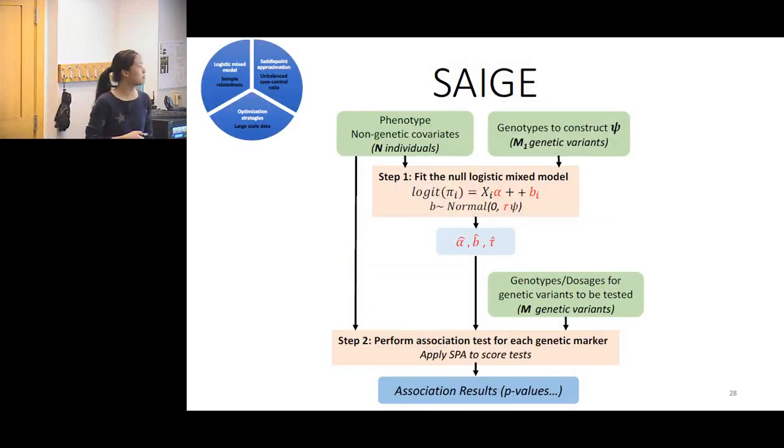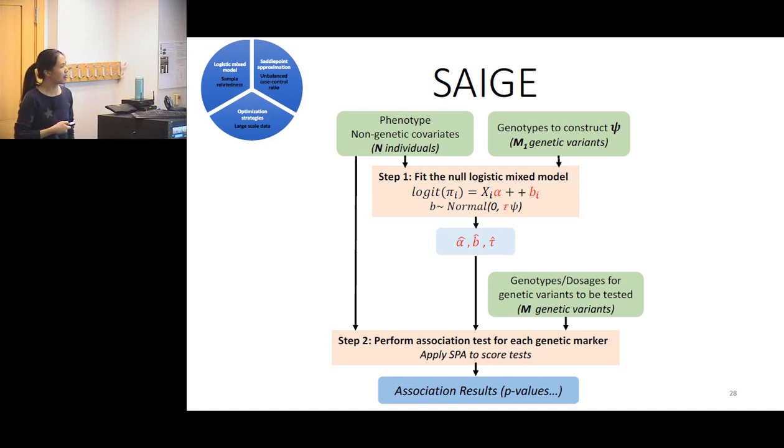Basically, our method contains two steps. In the first step, we use a subset of genotypes, a subset of hardcore SNPs, to fit a null logistic mixed model. So we need the phenotype and the genotypes for those markers here. After we fit the model, we get these parameters.